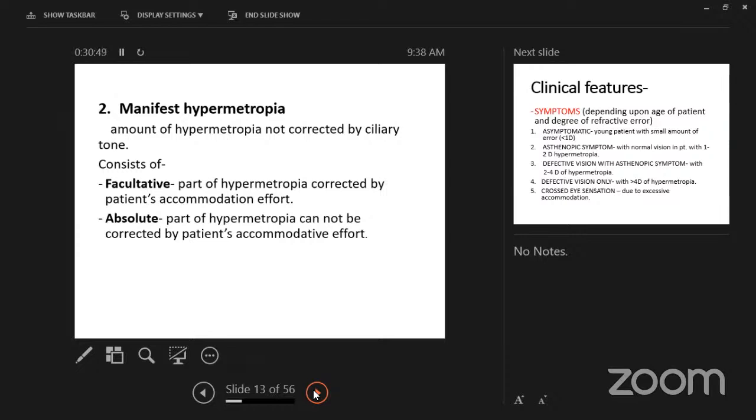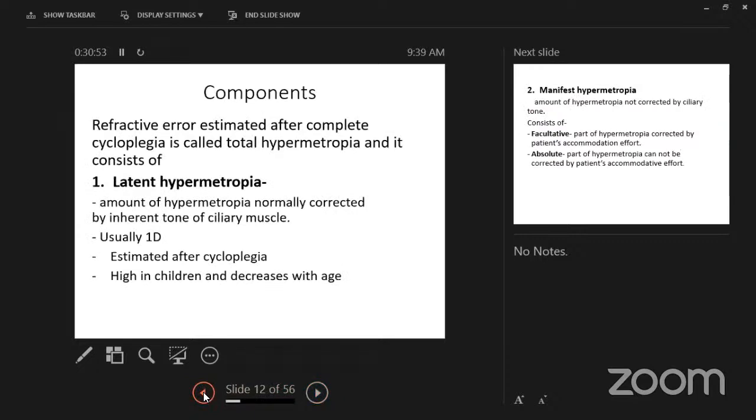So when you do cycloplegic refraction, it will be latent plus facultative plus manifest, all three.